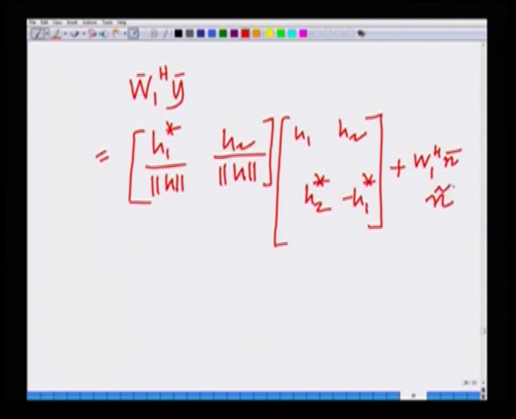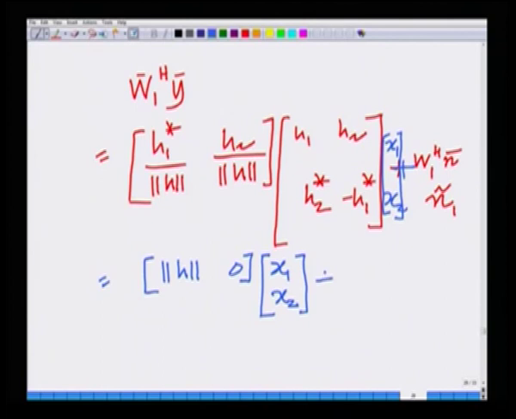I will denote this by some n1 tilde. You can observe this is nothing but H1 conjugate H1, which is magnitude H1 square, plus H2 conjugate magnitude H2 square, divided by norm H, which is magnitude H, and this is orthogonal to this, 0 times, I am sorry, I have to have an x1 x2 over here, 0 times x1 x2 plus n1 tilde.